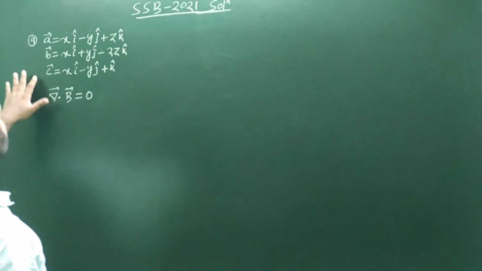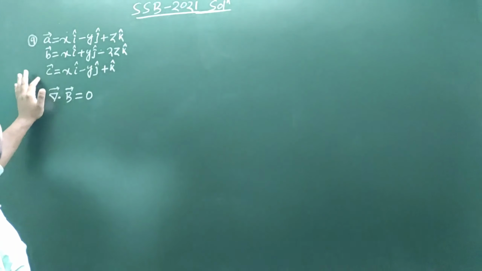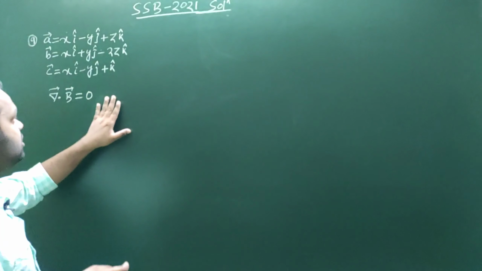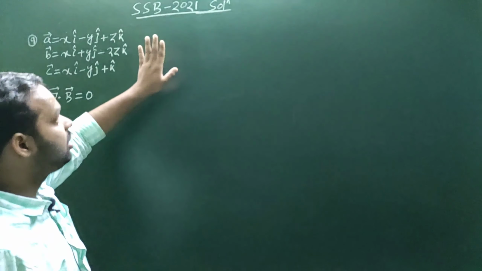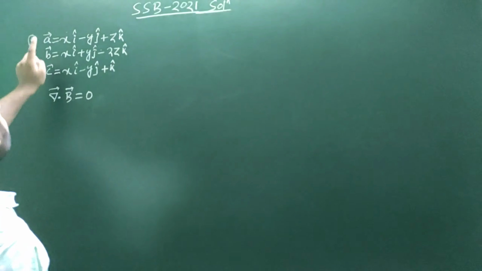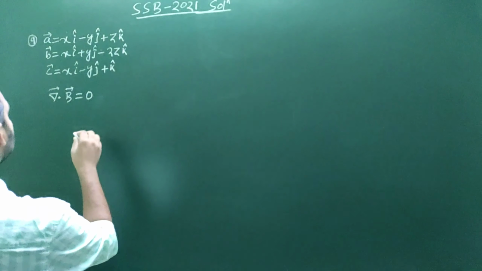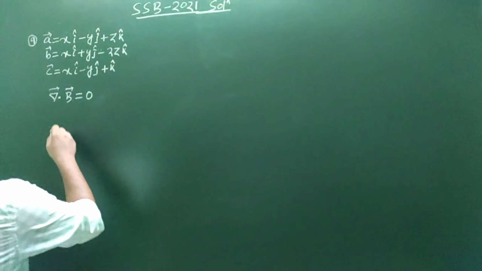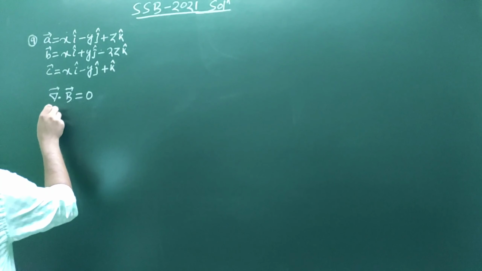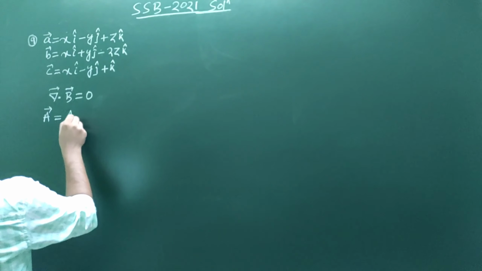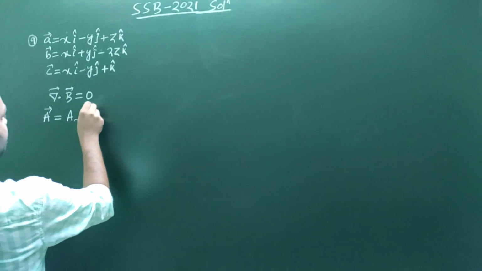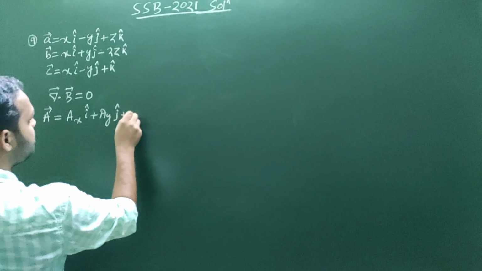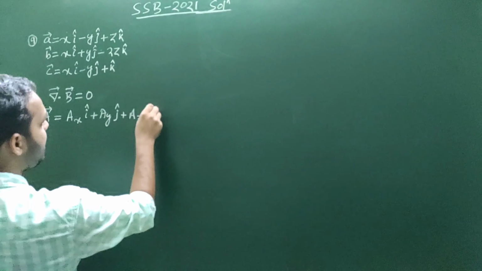So we have to find out the divergence of each vector and see if the value gives you 0 or not. If it is giving 0, then that particular vector represents a magnetic field. So let's take the first vector. And another thing, let me tell you, I am just explaining some important things to you. Let's say we have a vector A. We can write it as ax component i cap plus ay component j cap plus az component k cap.